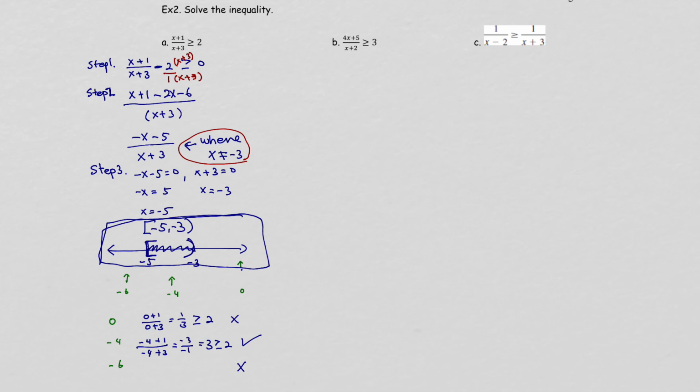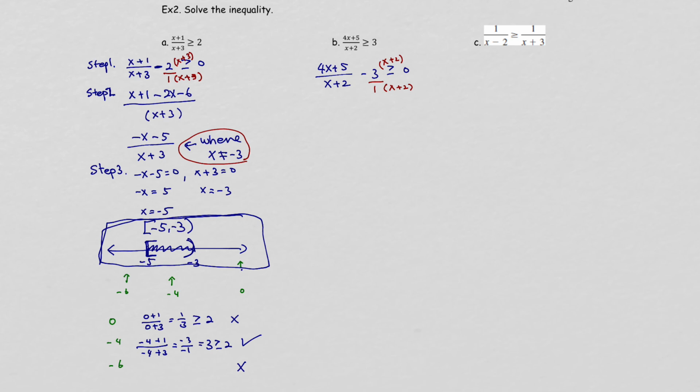B. So what do we do first? Get one side equal to 0. And then simplify, make it one fraction, right? So that will give you, let's see what to multiply, -3 over 1. So you're multiplying x plus 2 on the numerator and on the denominator.